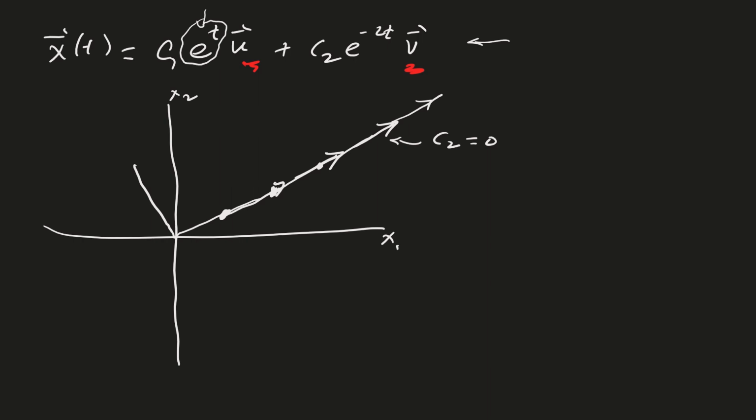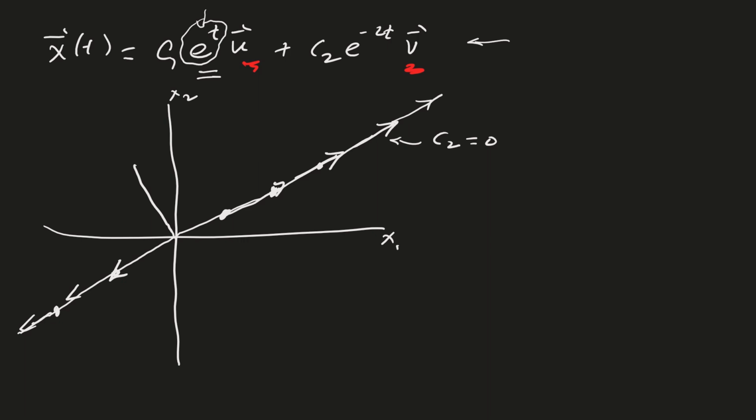And so what happens now if I had started with a negative C1? So this would be like minus C1, this would be maybe minus 2 for my C1, and so on. So if I had started over on this side, then you can see this function is still growing without bounds, so I'm going to be moving away from the origin along that line. Good.